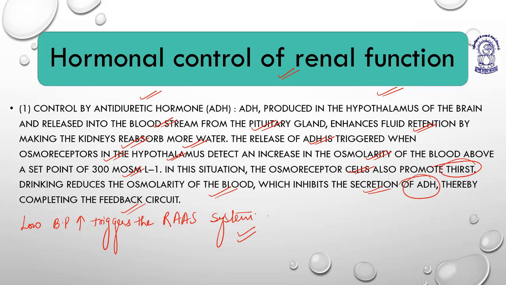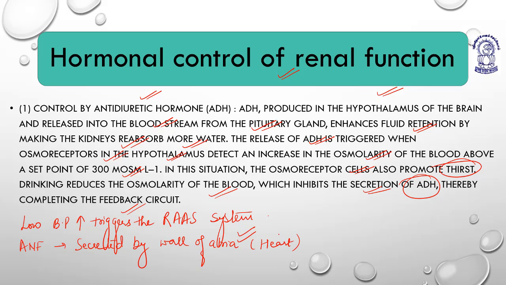Then we have atrial natriuretic peptide also, ANF, or atrial natriuretic factor. ANF also helps to control the blood pressure. It is secreted by the wall of the atria, that is, the heart.